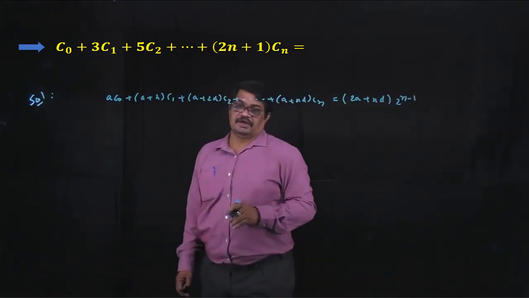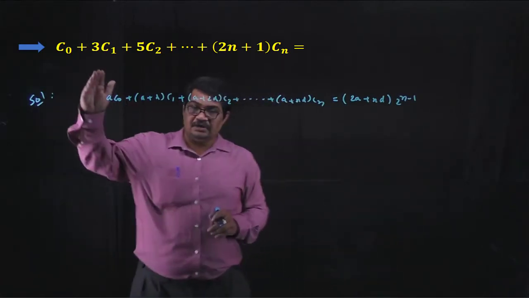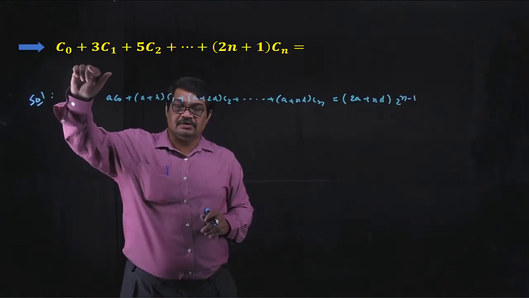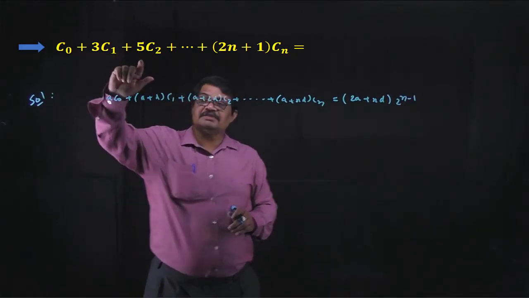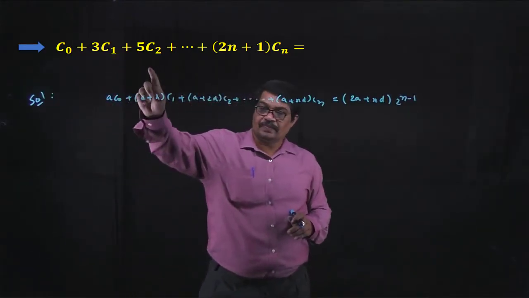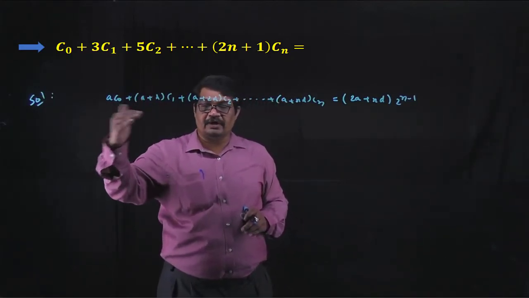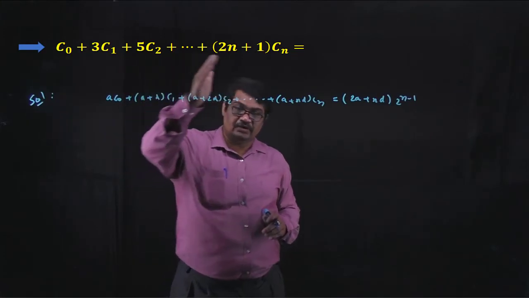Using this formula, this series is in this form, where a is 1 and a plus d is 3. Here the binomial coefficients are 1, 3, 5 and so on.